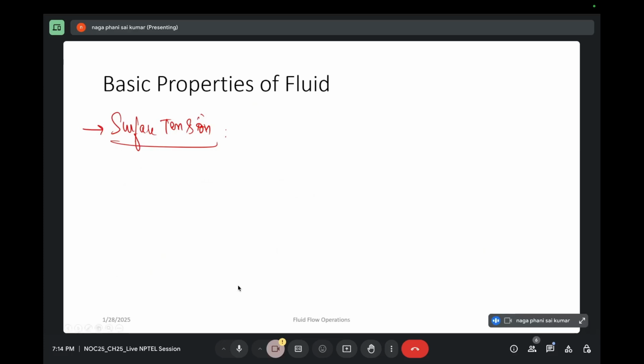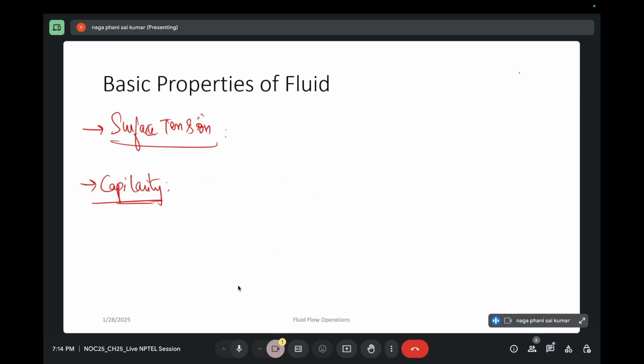Okay, the other parameter which is of importance is the surface tension. And then we also have capillarity. Capillarity is a phenomenon where liquid will be rising through a small opening.